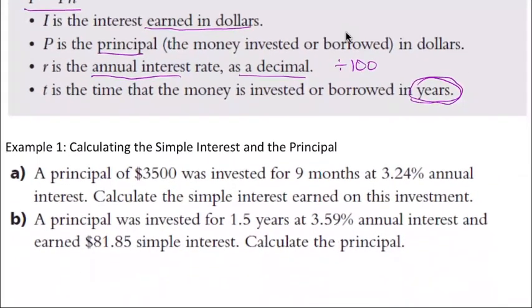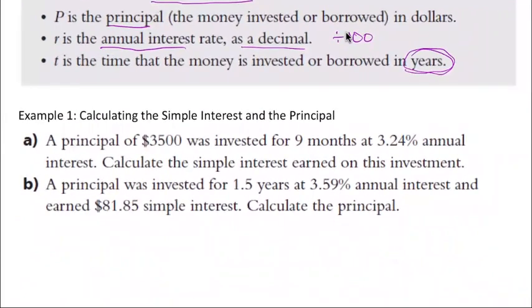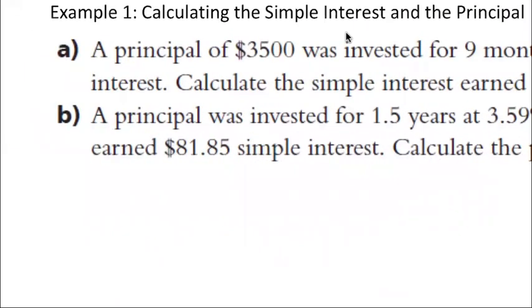Example 1, calculating some simple interest and the principal. Question A, a principal of $3,500 was invested for 9 months at 3.24% annual interest. Calculate the simple interest earned on this investment. So question A, we're going to start with our simple interest formula, I is equal to PRT.